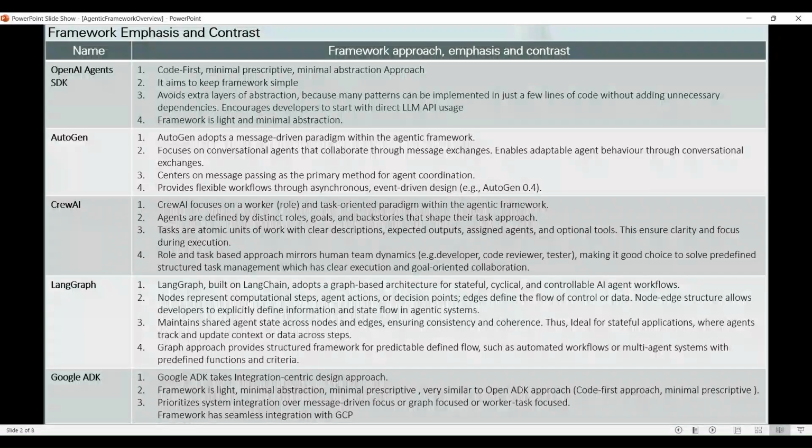Now let's talk about Google ADK. So the strength of Google ADK lies in its easy integration with ecosystems. Let's say a requirement is getting agents to work inside your existing architecture, I mean, the existing system which is already serving a business value, and now you want to extend it with AI agents.